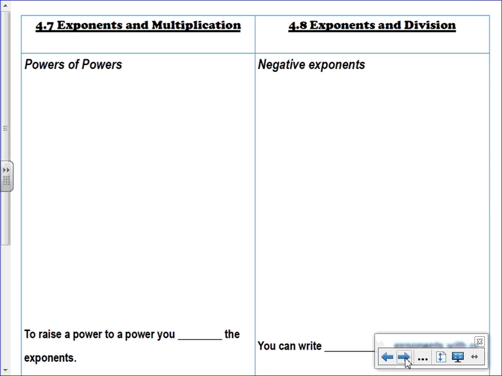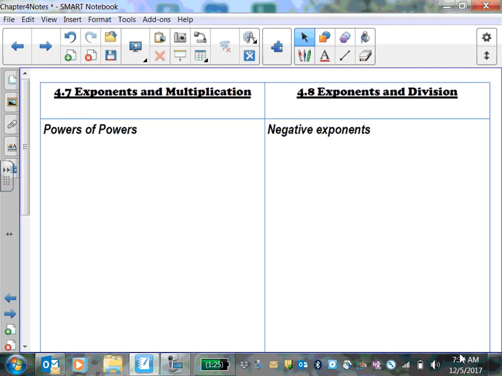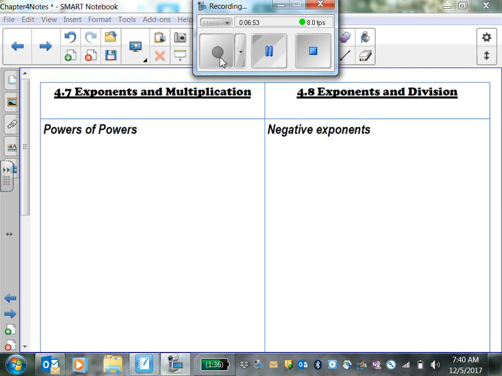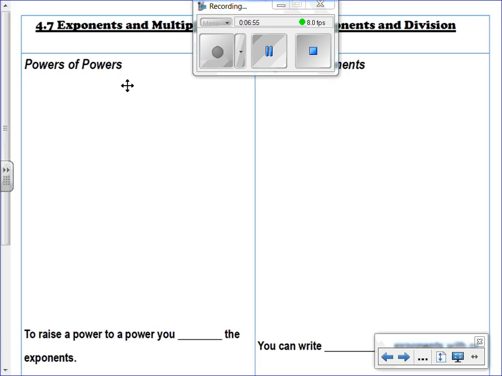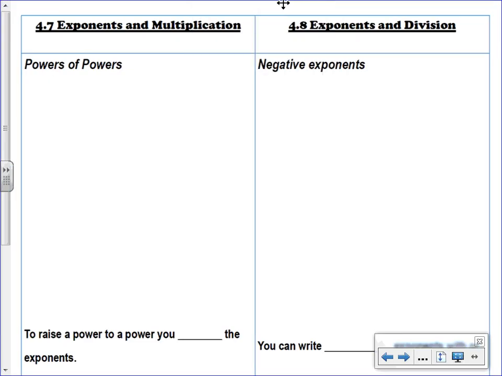All right. Last little section. Last rule for the day. Powers of powers. So what this means is if you're raising a power to another power, like this, where you have this power raised to another power. And this is pretty simple. This is 2 squared, because that's what it says, 2 squared 3 times.